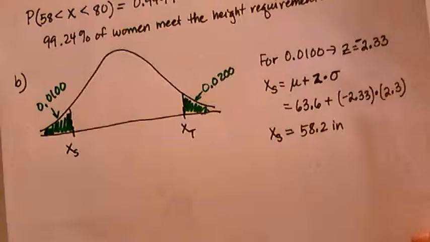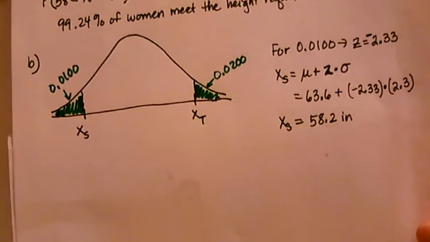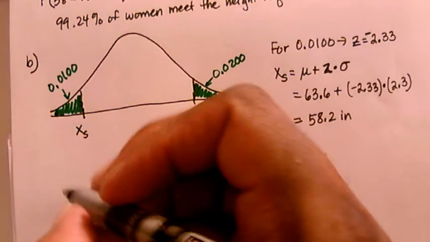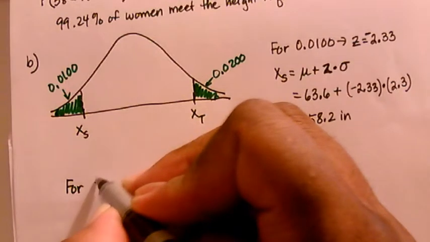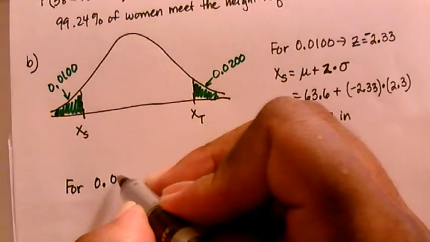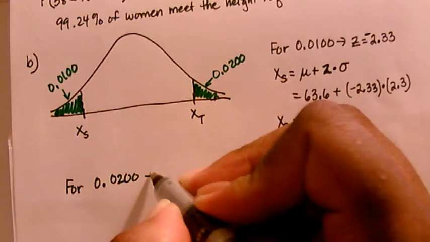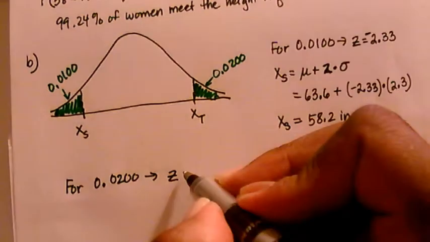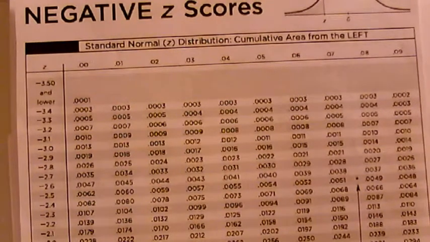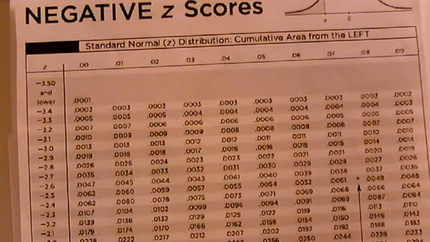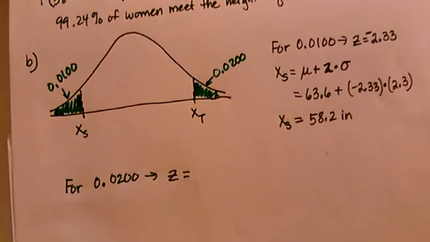Okay. Now next, we need to find the tallest height. So now we need the z value for 0.0200. 0.0200 is less than 1/2, so we use the negative z chart and find the value closest to 0.0200. We'll take that back.